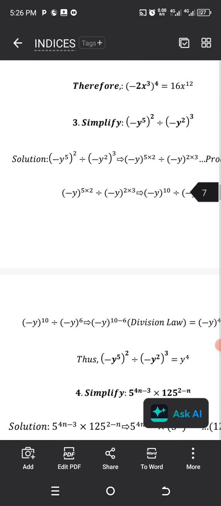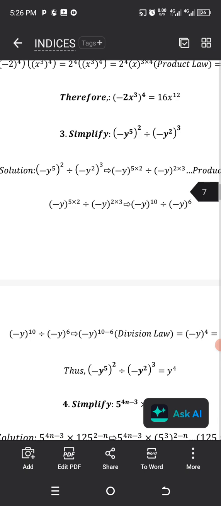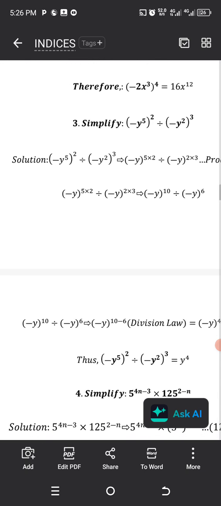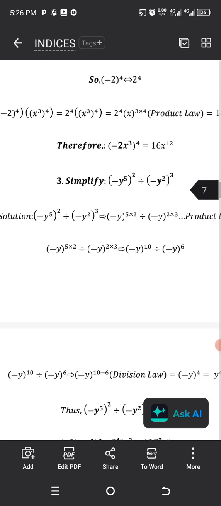So you can see here the question you have to simplify, which is minus y raised to power 5 inside parentheses, everything raised to power 2, divided by also minus y raised to power 2, everything in parentheses raised to power 3. So what is the solution?